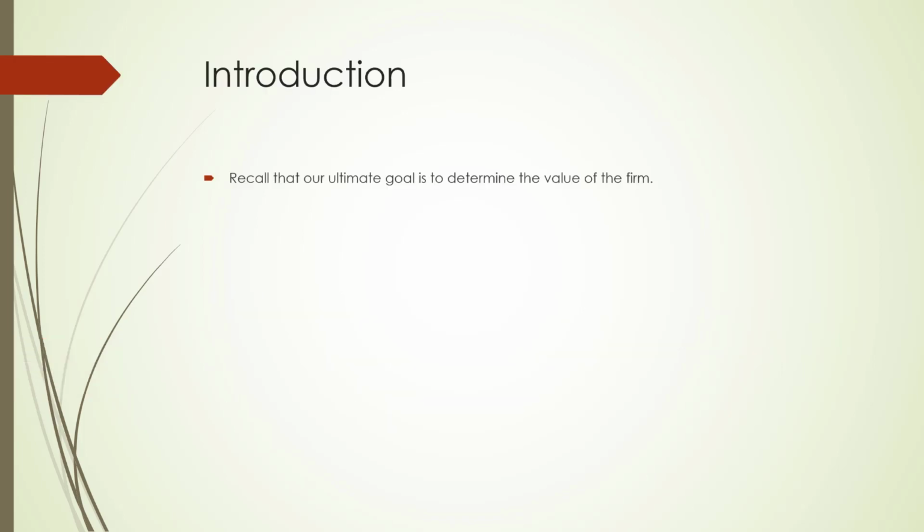Now, recall that our ultimate goal in this section of the course is to determine the value of the firm. And in Chapters 6 and 7, we looked at the financial statements and tools that we could use to analyze them. So in Chapter 6, we looked at the income statement, the balance sheet, and the statement of cash flows. We also talked about things such as free cash flow, return on invested capital, and economic value added.